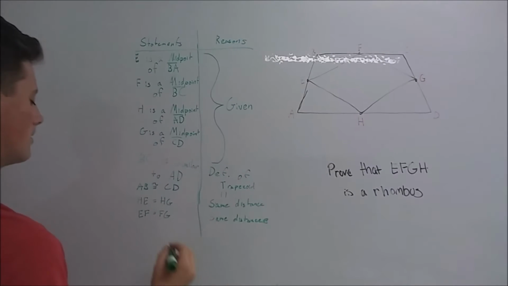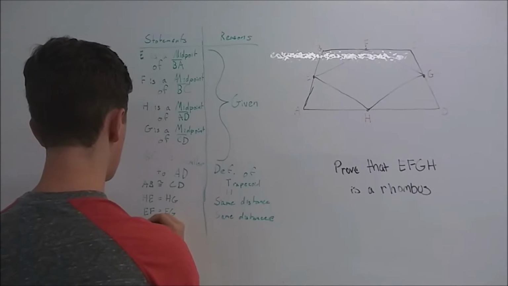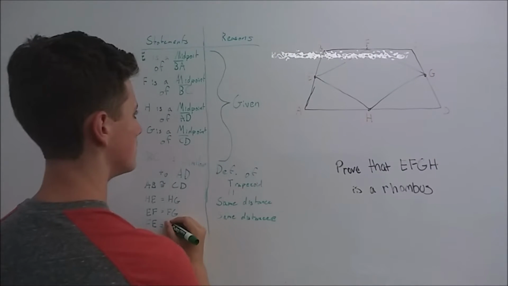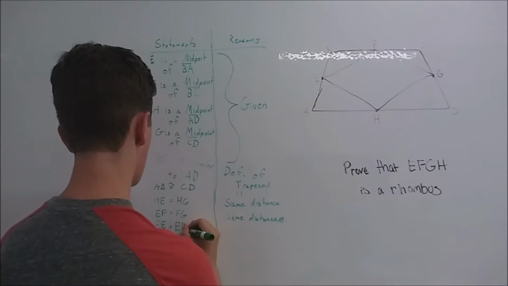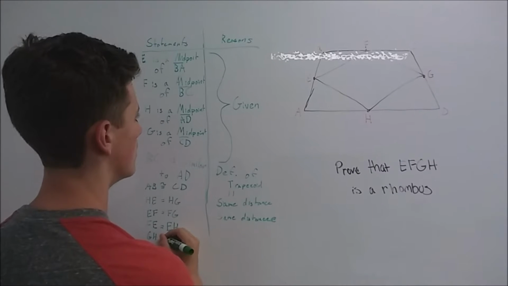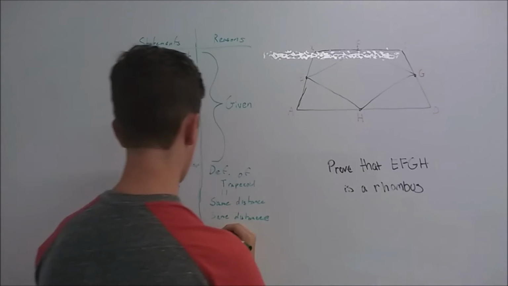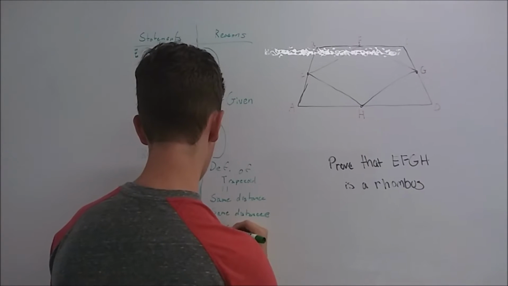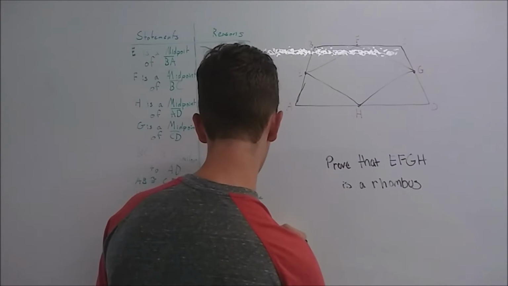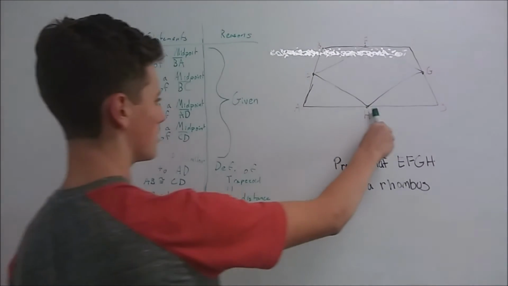And then, since these are all equal, FE is equal to EH, and GH is equal to FG. This is the definition of a trapezoid since they're both at midpoints.